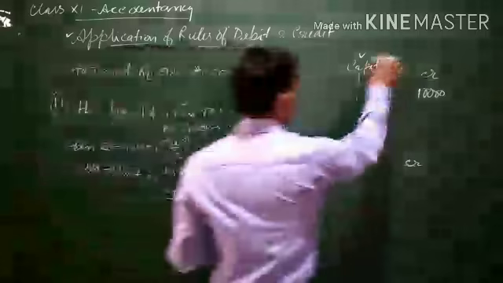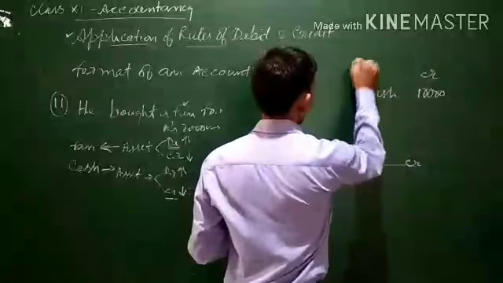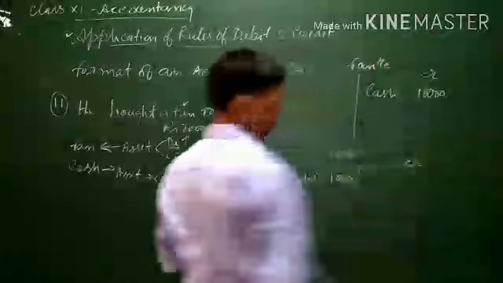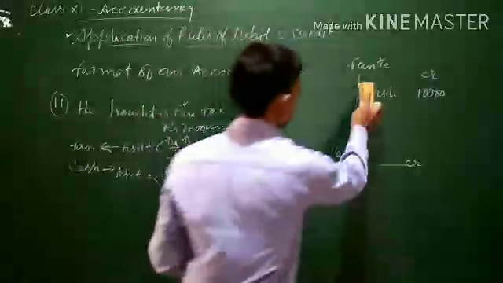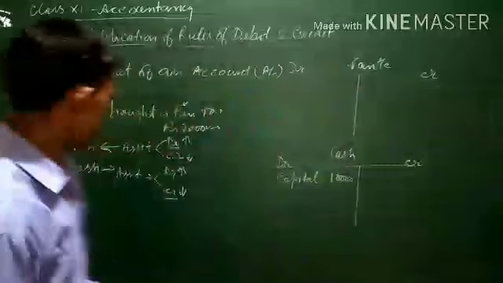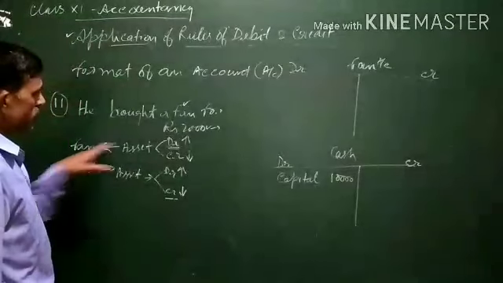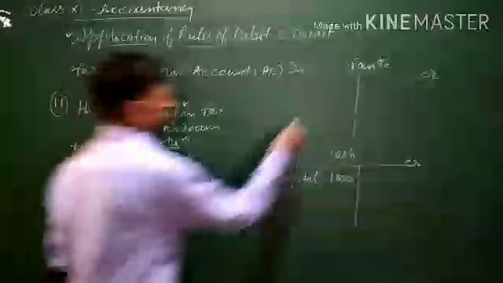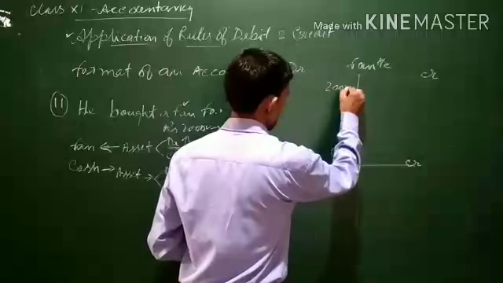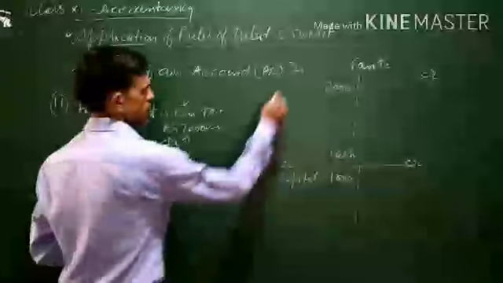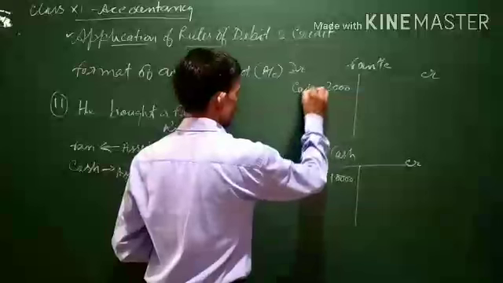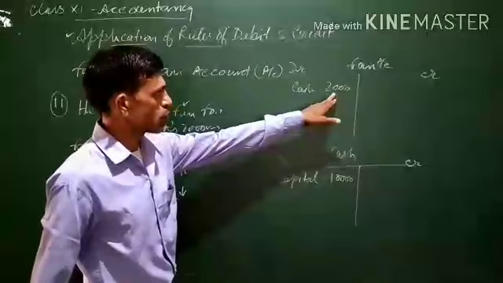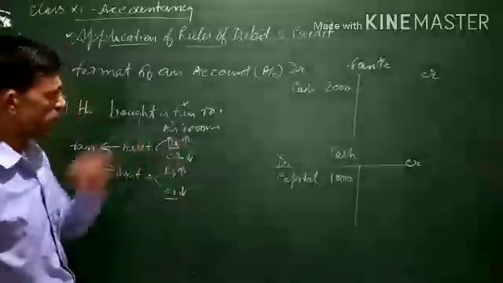Suppose you prepare a fan account. Fan is coming into the business, and an increase in asset is debited. So we will be writing 2,000, the value of the fan, on the debit side because the fan has increased.